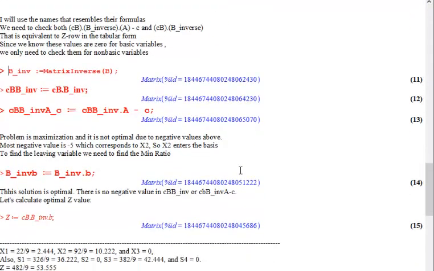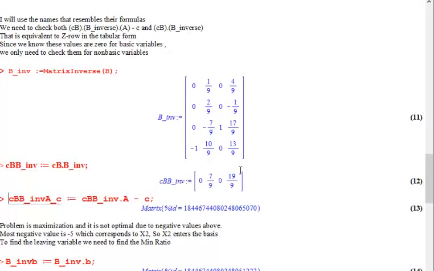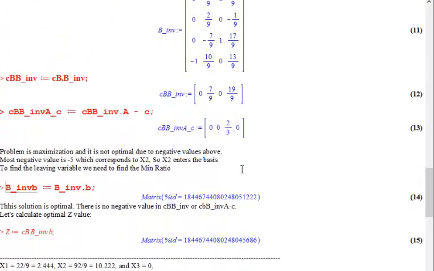Again, the same type of calculations, B inverse, CBB inverse, CBB inverse A minus C, and these are my optimality condition, and as I look at them, there is no negative number in here, and thus this is the optimal solution.